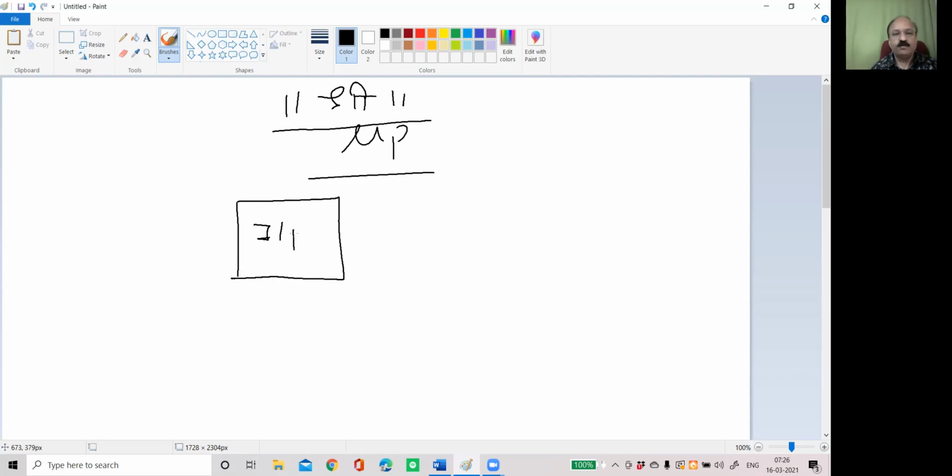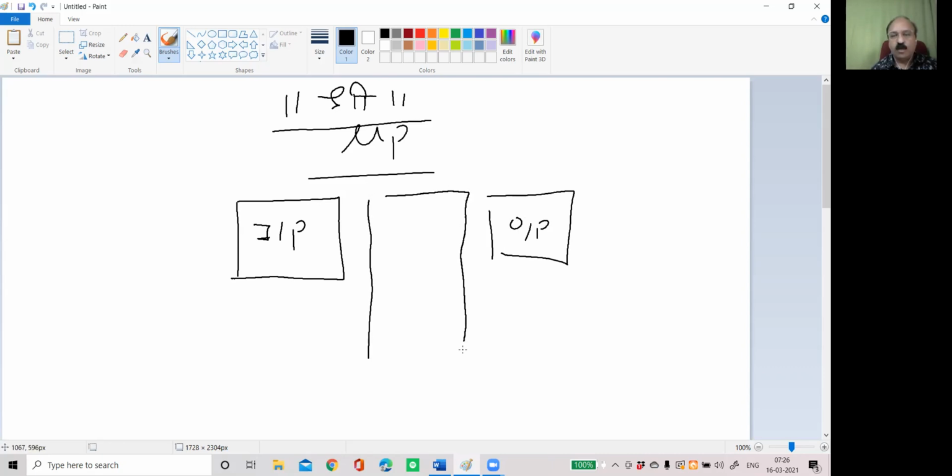One is input, second is output, third is CPU. Now in CPU, there are two parts. One is ALU, arithmetic logical unit, and memory.